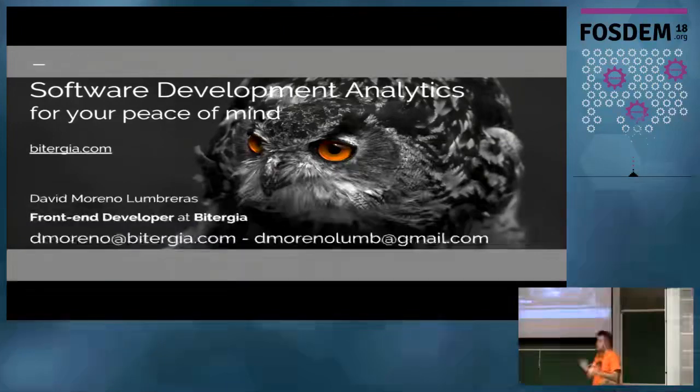If you have any more technical questions, send me an email. We are in the H building, we have a GrimoireLab stand, so if you want more information, please come with me. I'm the one in the orange jacket.